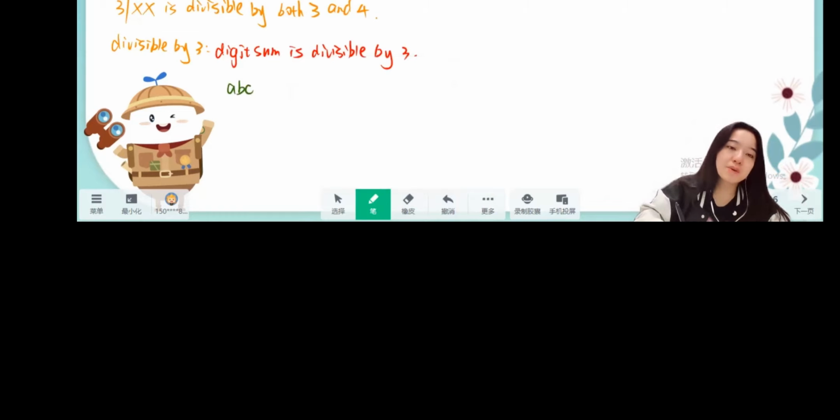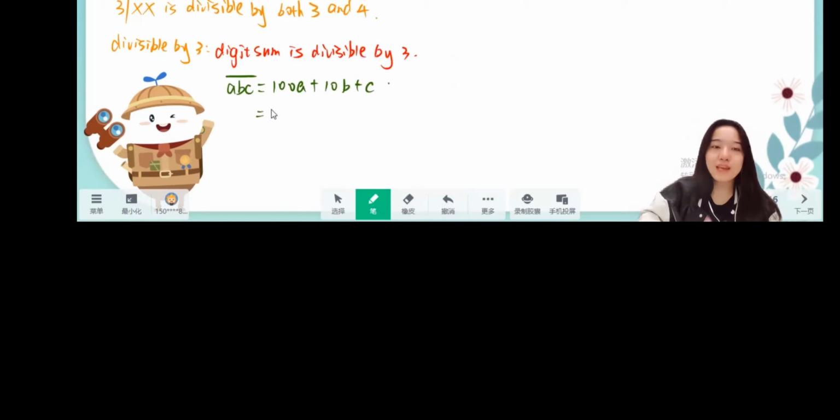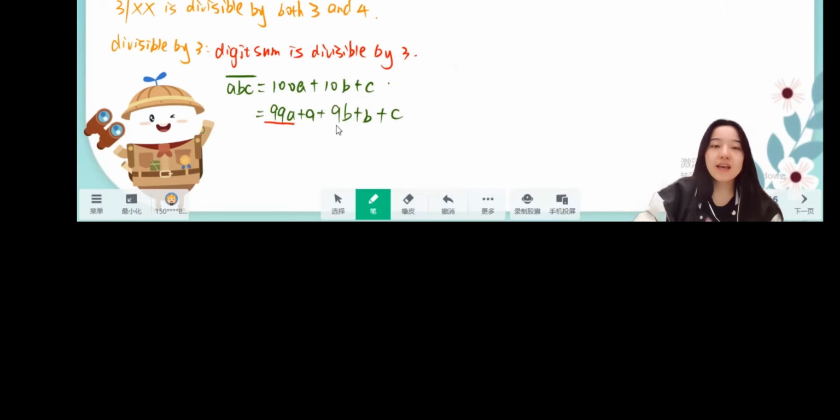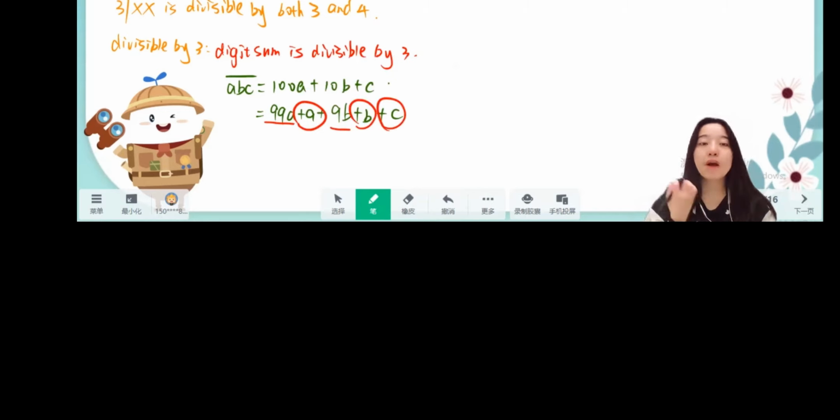If there is a number ABC, a three-digit number, we can split it into 100A plus 10B plus an extra C. If so, 100A includes 99A's plus 1 extra A, and 10B equals 9B plus extra B, and plus 1 more C. Because 99 is divisible by 3, and 9 is also divisible by 3, actually we just need to check, is the sum of A, B, and C divisible by 3 or not?